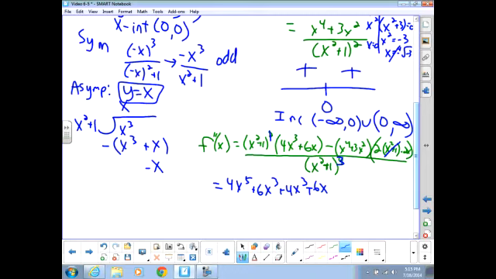To the right, we have a 4x on the far right and the negative in the middle. So we're really distributing a negative 4x to that parenthesis. So we'll have negative 4x to the fifth, negative 12x cubed. And this is all over x squared plus 1 to the third.